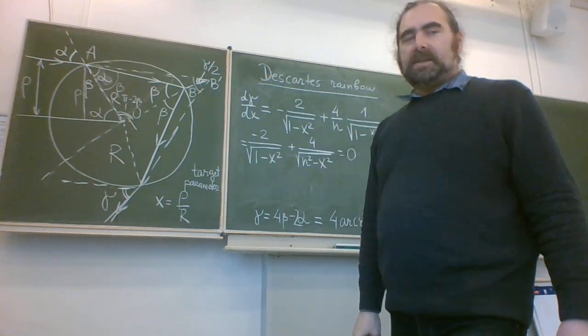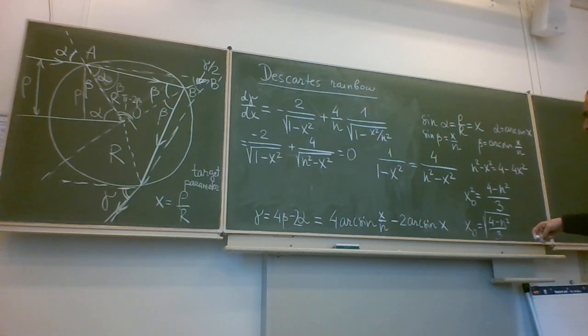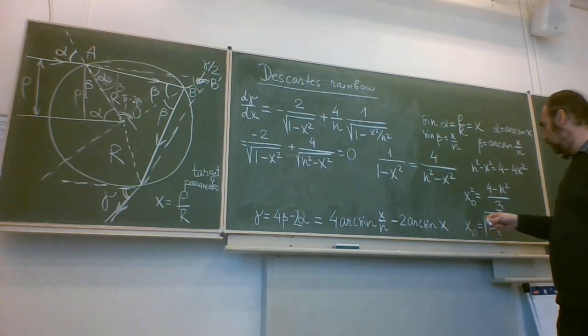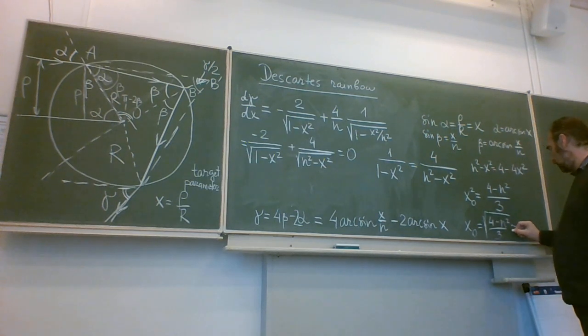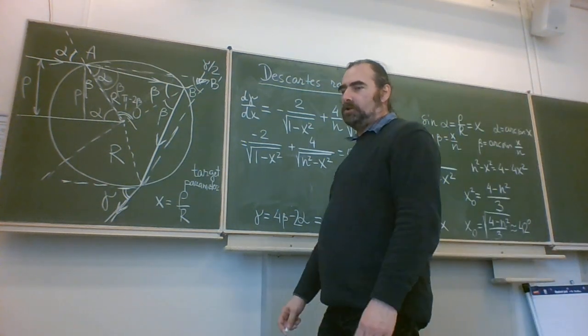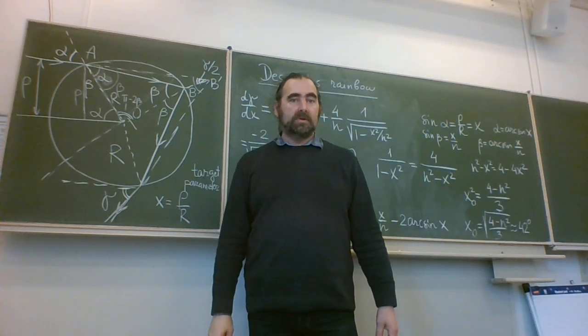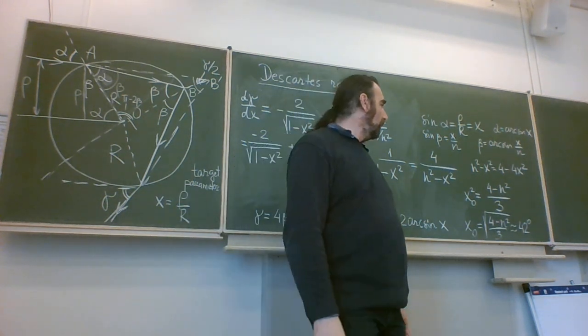Yes, that's exactly what I get. And if you now put here n equal to 4/3 corresponding to water, then you approximately get this 42 degrees. So that explains the 42 degree observation, and that's what Descartes did.